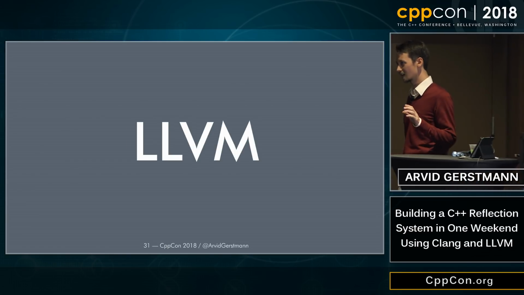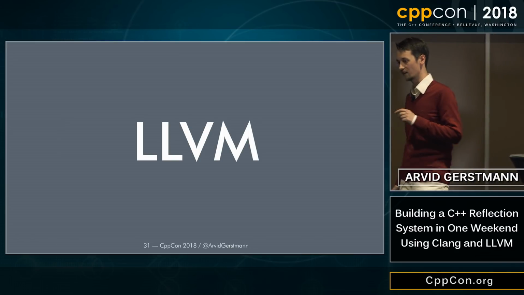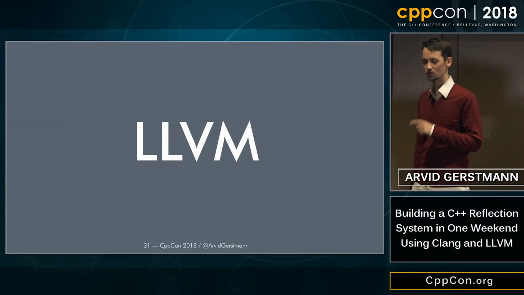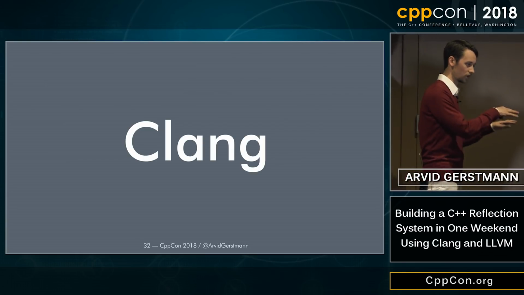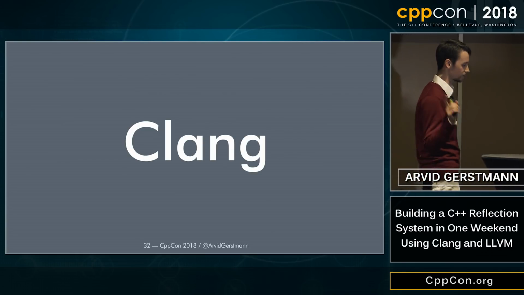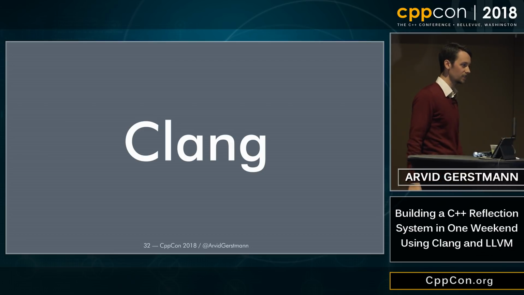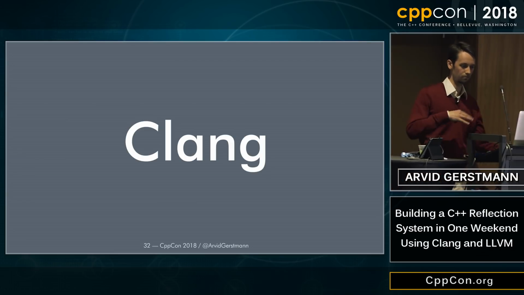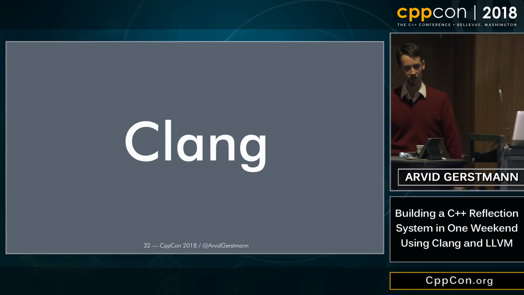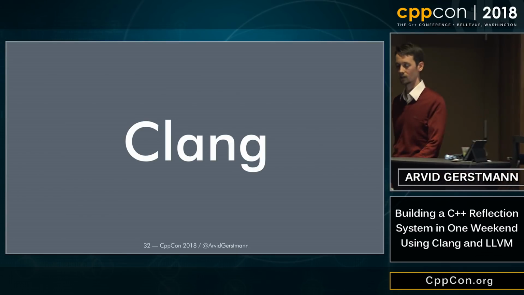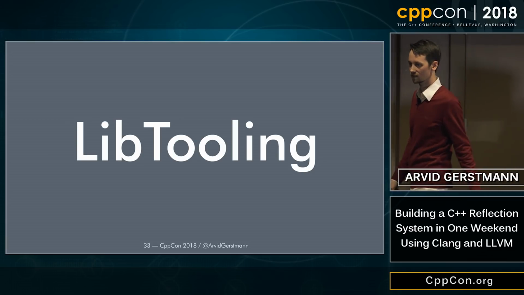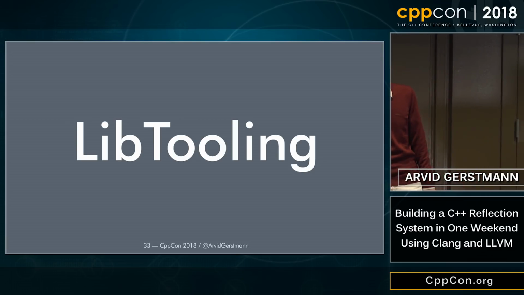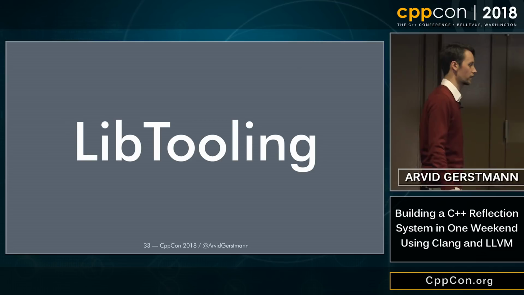But we cannot do that with just LLVM. We need to use Clang as well, because LLVM is the low-level part of that, but we need to parse actual C++. And there's a nice library inside Clang called libtooling. Libtooling will give us access to the complete AST of a parsed C++ source file, or a program, rather.